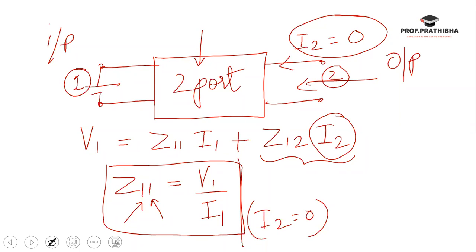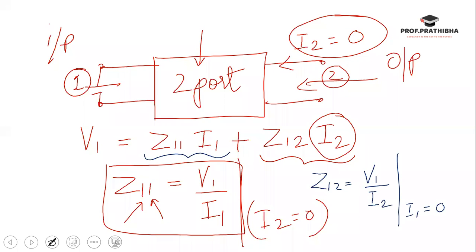suppose I tell you my I1 is 0. Suppose I tell you I1 is 0. Can anybody tell me what is Z12 then? What should I say Z12? V1 by I2. Yeah, V1 by I2. And it happened when my I1 became 0.